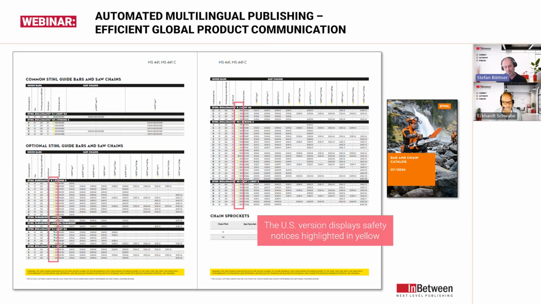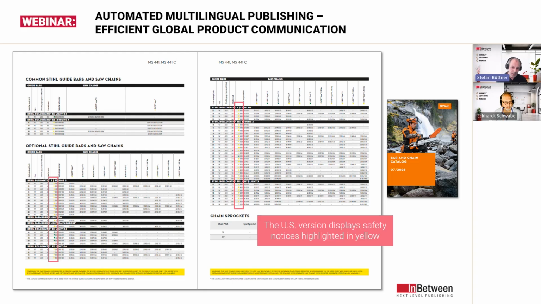And then we have one special thing, of course, for the United States. In the United States, of course, you have to be very careful with those safety restrictions. Otherwise, it's very risky to not display those safety notices, of course. And here in the US version, they appear at the bottom of the page in that yellow text frame.